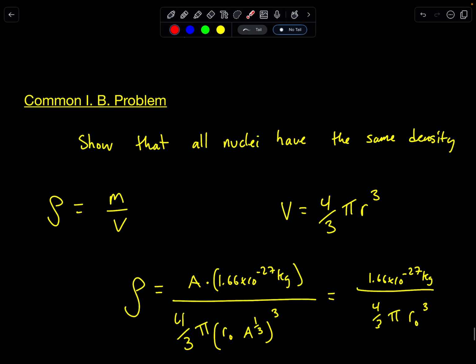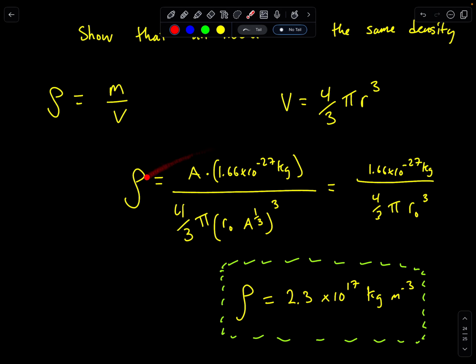So after unpausing, you can see the mathematical relationship here. The mass of any nucleus is related to the atomic mass number times the mass of a single nucleon. So if I know the total number of nucleons in a nucleus, and this is the average mass of a nucleon, I can multiply it together to get the mass, and then divide by 4/3 pi r cubed, and this is the relationship for r of a nucleus.